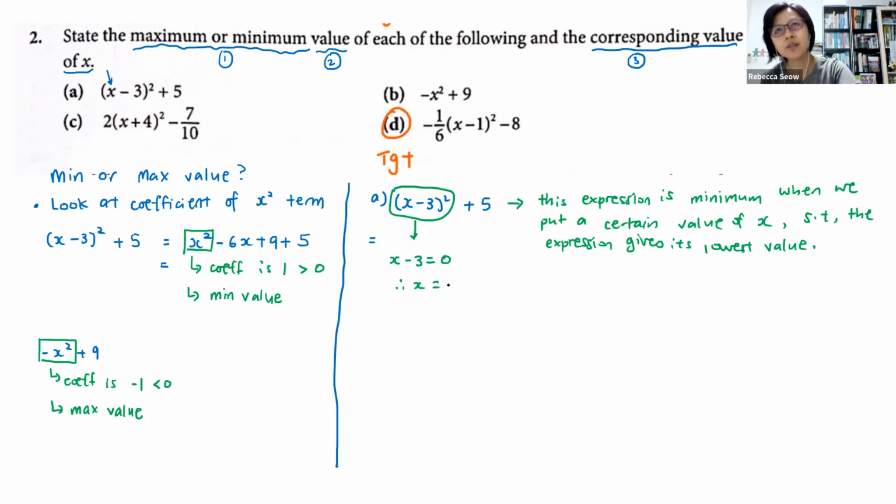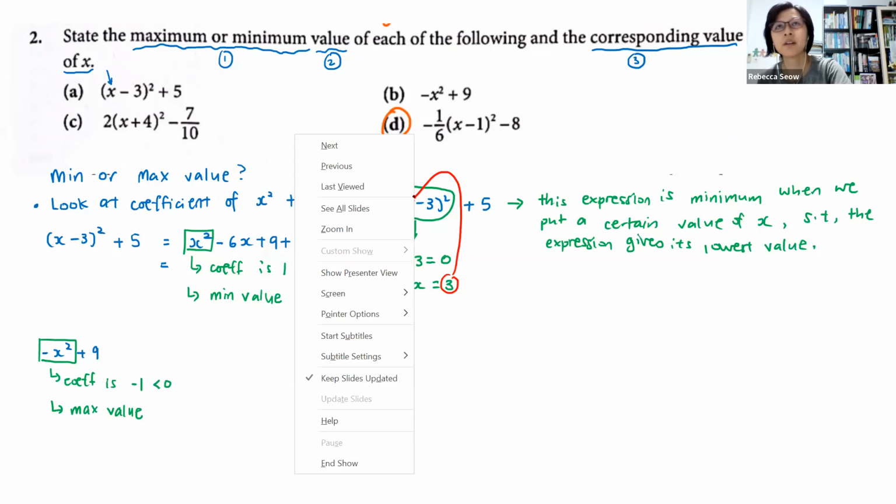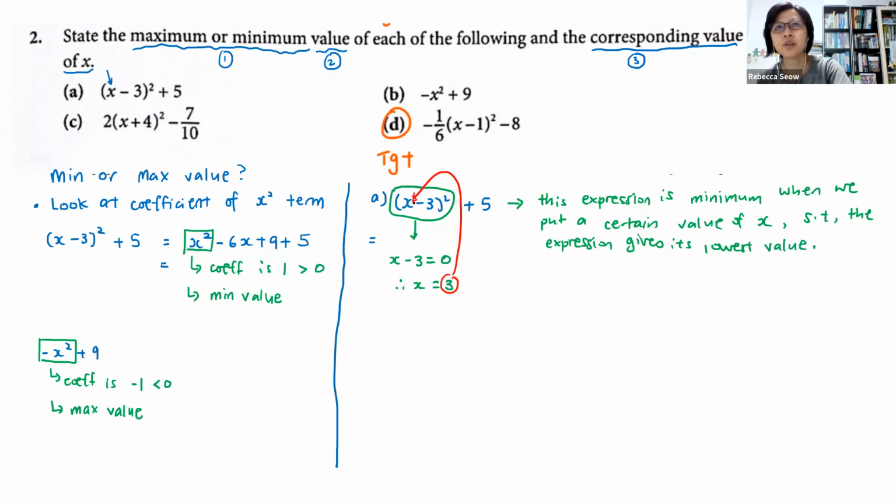Therefore, x would be 3. Okay, now let's replace the x by 3. So when we put the value of x equals to 3 into here, you will notice that 3 minus 3 square gives you 0 square, which is 0.